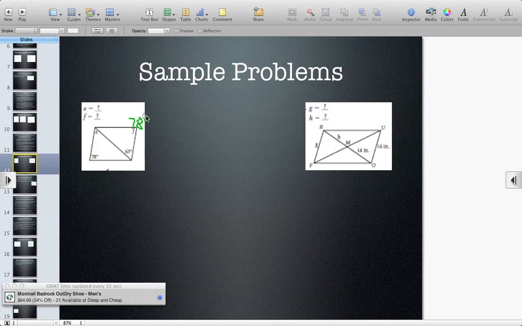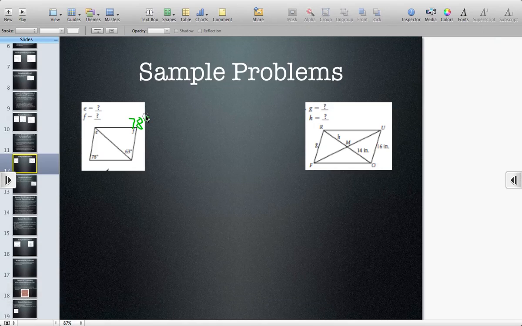Now we want to find E. E is an alternate interior angle to the 63 degrees. It's a parallelogram, so we know that this is parallel to that, which means this is a transversal. So our alternate interior angles mean angle E is 63 degrees.